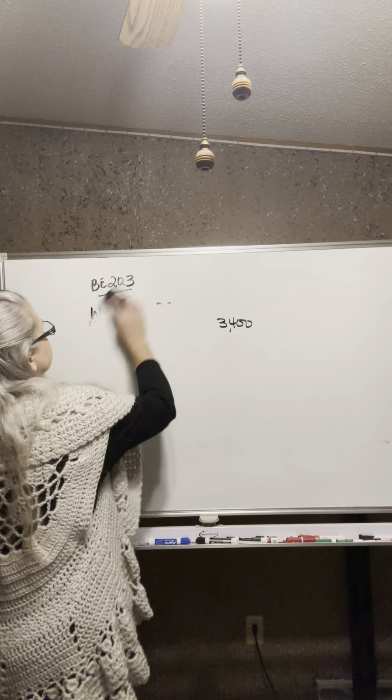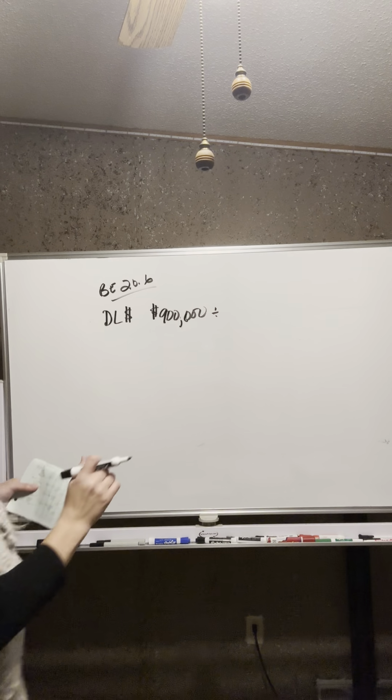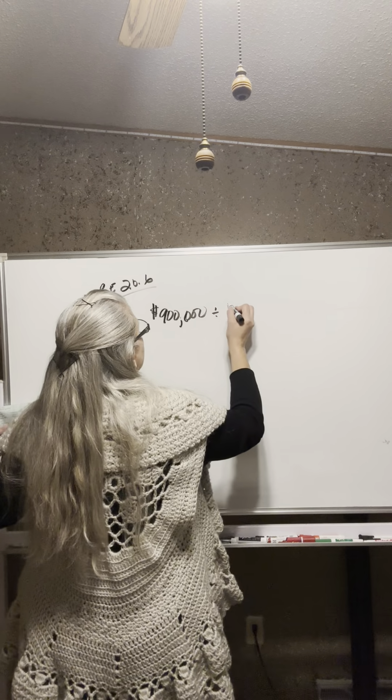We're going to divide that by, in this case, direct labor dollars, which was given to us at 500,000. When you have a dollar over a dollar, that will give you a percent. That will be 180%.